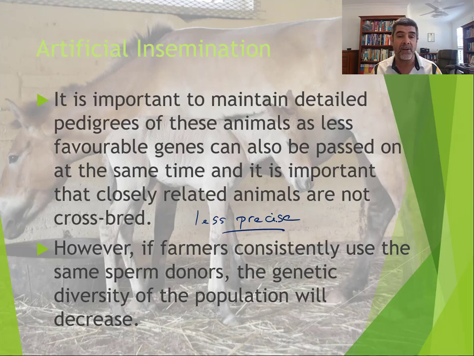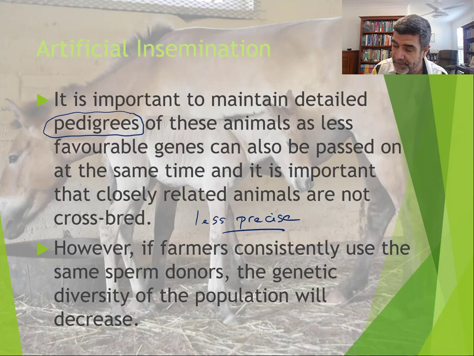Obviously, one of the key things that we need to be aware of is the pedigrees of the parents involved. Because whilst we might be looking at particular genes that code for things we want, we may also be looking at some potentially unfavourable characteristics that may also be passed on.